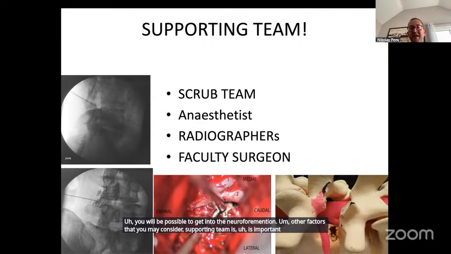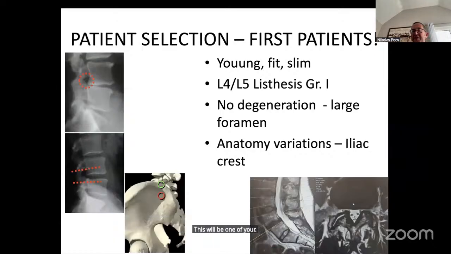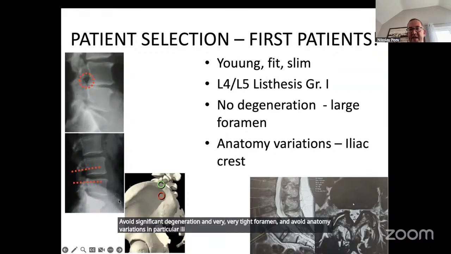The scrub team, your anesthetist, radiographer, and you can consider a faculty surgeon in the beginning. This will be one of your first patients: young, fit, slim, L4, L5, grade 1 listhesis. Avoid significant degeneration and very tight foramen, and avoid anatomy variations. In particular, the iliac crest could be in your way.